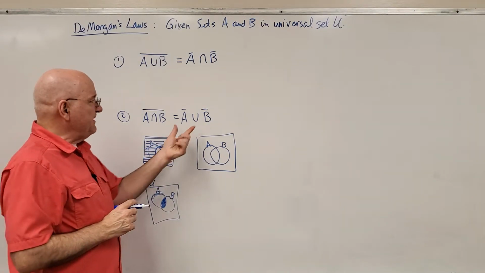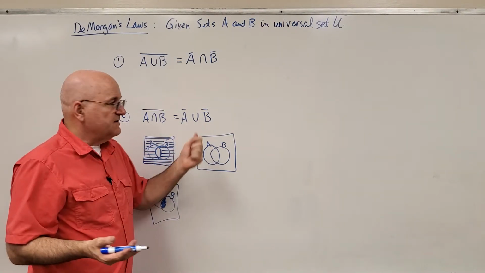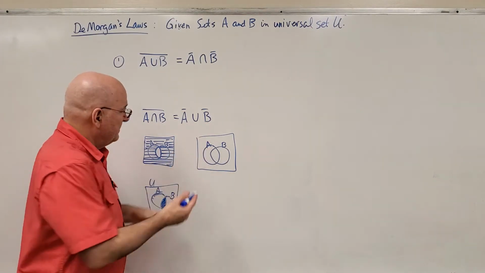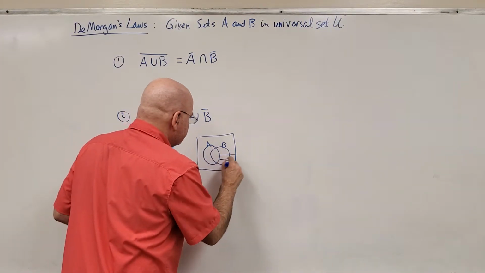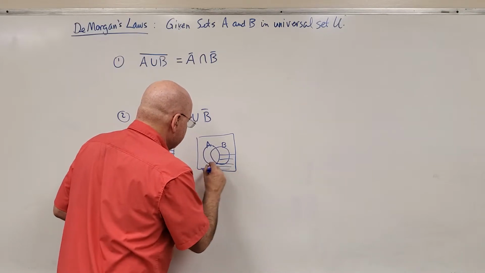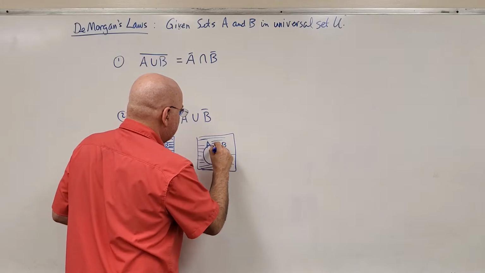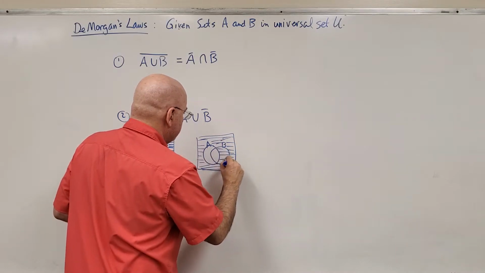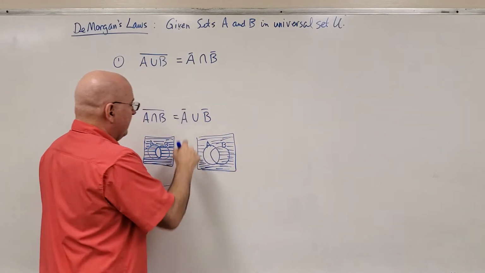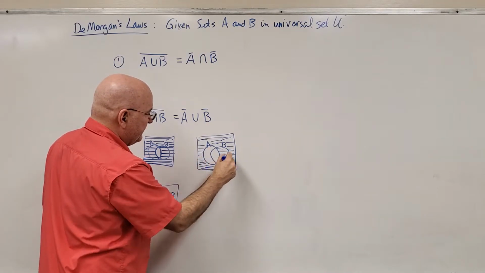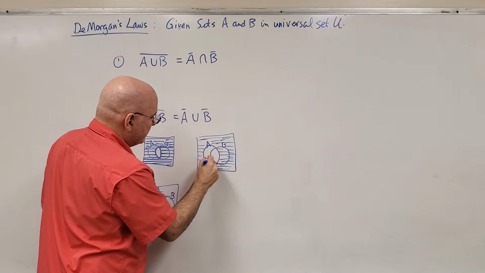So I need to shade everything that's in either one of them. So I'll shade A complement first. That's everything outside of the circle or the set A. Or I need to shade this as well, B complement, which would be everything outside the B circle. So that covers this part of A.